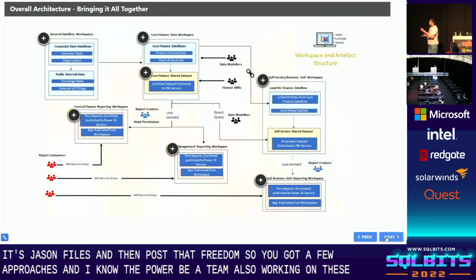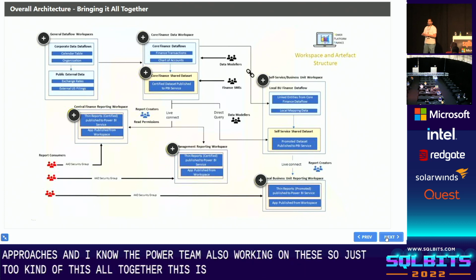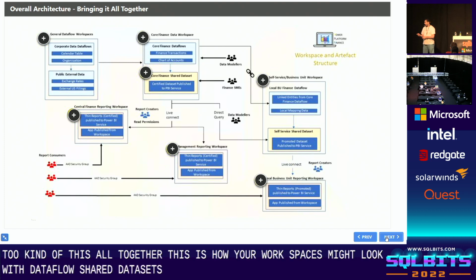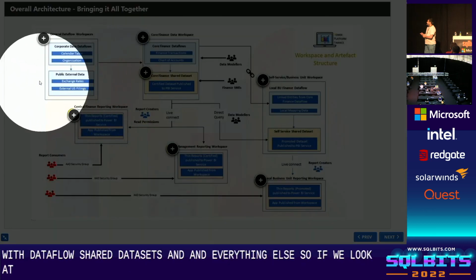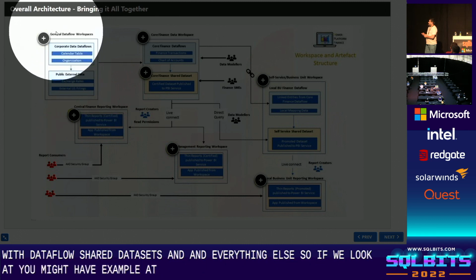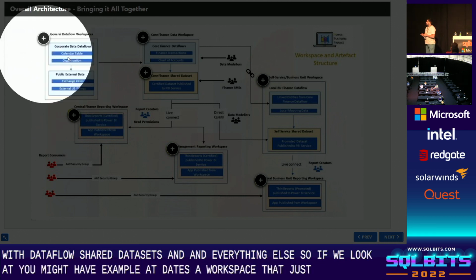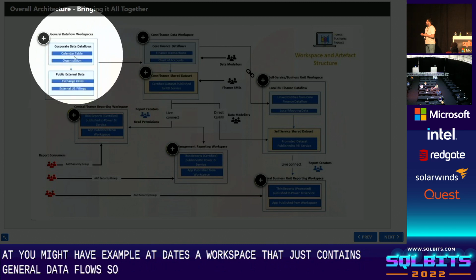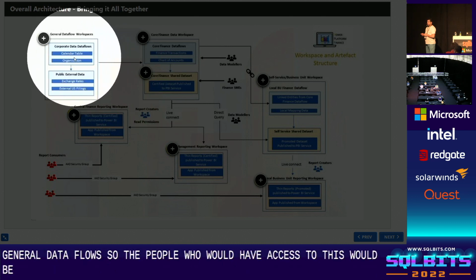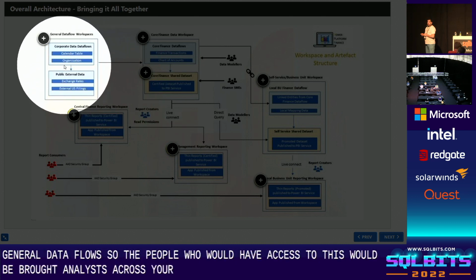So just to kind of bring this all together, this is how your workspaces might look with data flows, shared data sets, and everything else. You might have, for example, a workspace that just contains general data flows. The people who would have access to this would be broad analysts across your organization with viewer rights.